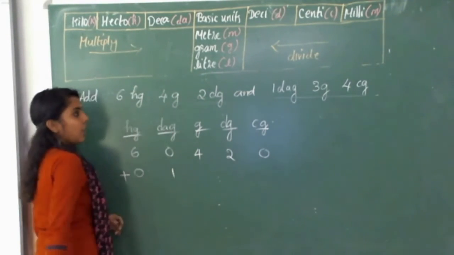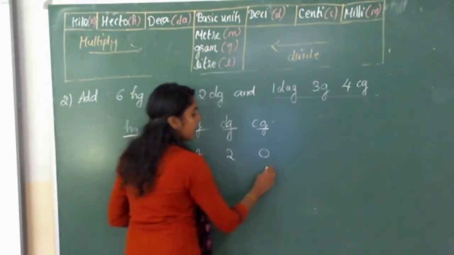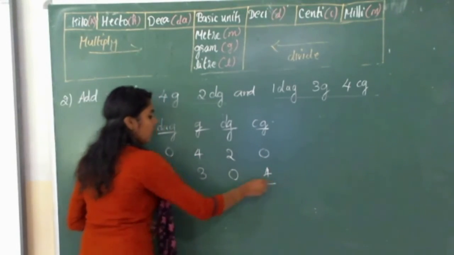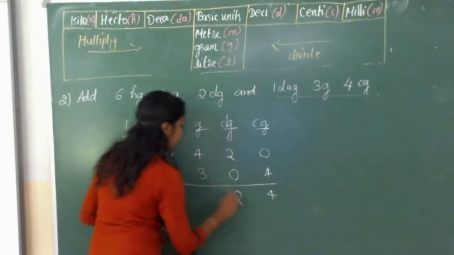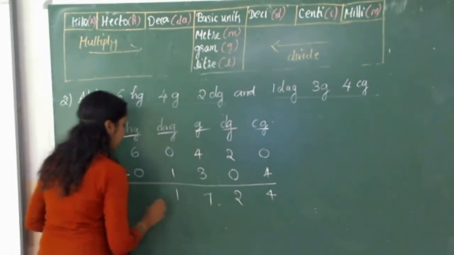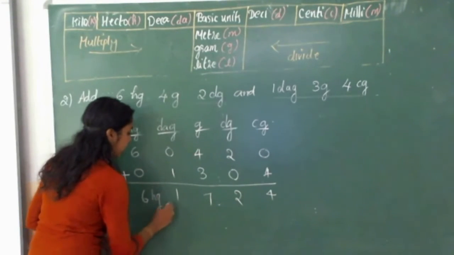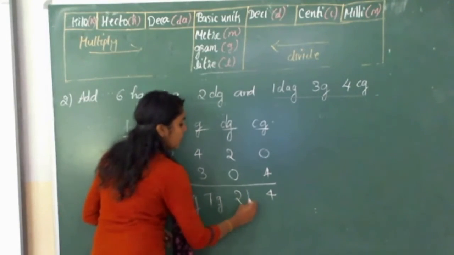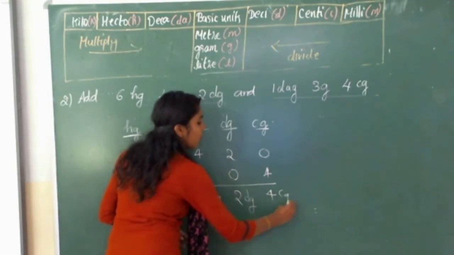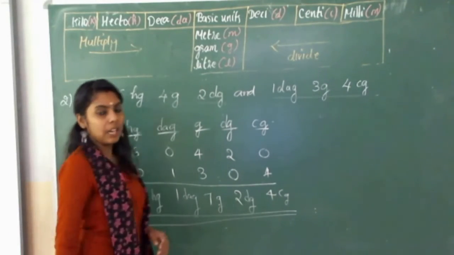Then 1 decagram, 3 gram, 4 centigram. Here also 0. 4, 2, 4 plus 3, 7, 1, 6. So, what's the answer? 6 hectogram, 1 decagram, 7 gram, 2 decigram, 4 centigram. Okay, I hope it's clear.